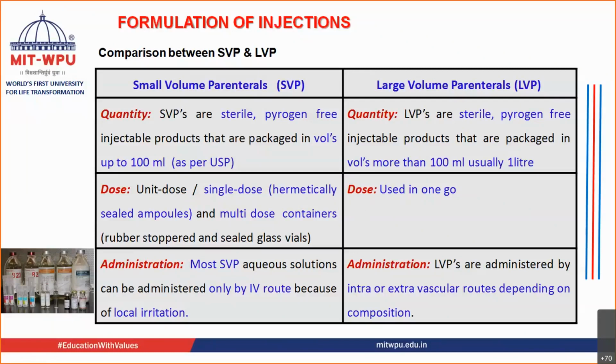If you want to compare the administration, SVP are basically administered only through IV routes, because by other routes it may cause a little bit of local irritation. Whereas LVP can be administered by IV route and also through other routes, depending upon the composition. This is about the administration part.